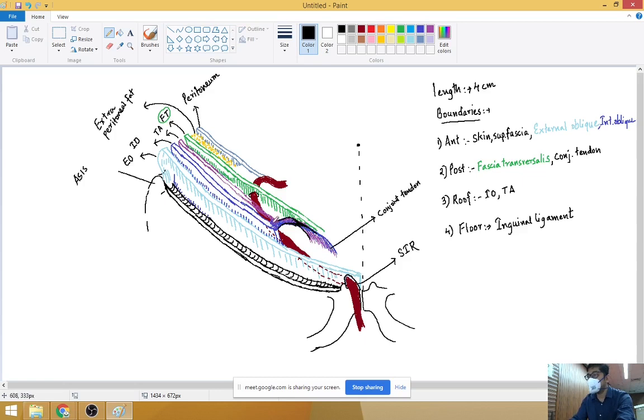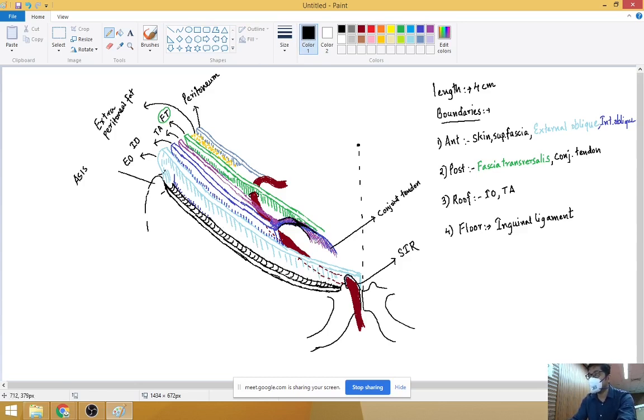Roof together, the fibers coming from the internal oblique as well as the transversus abdominis. Floor all throughout the inguinal ligament. The superior concave surface will be forming the floor.